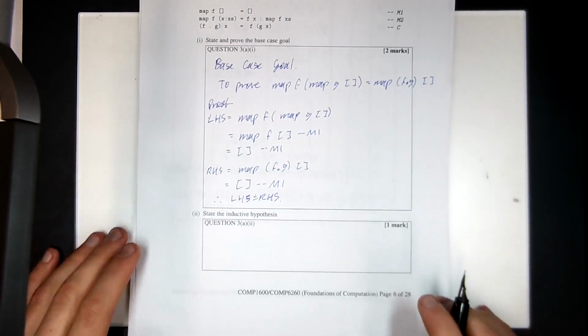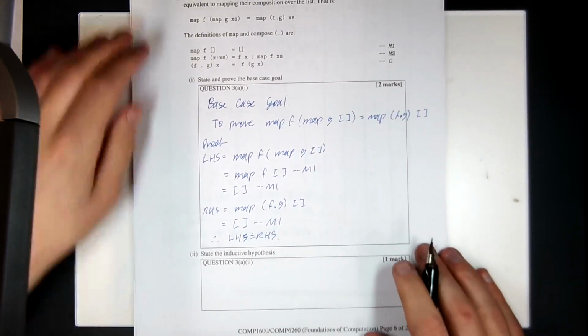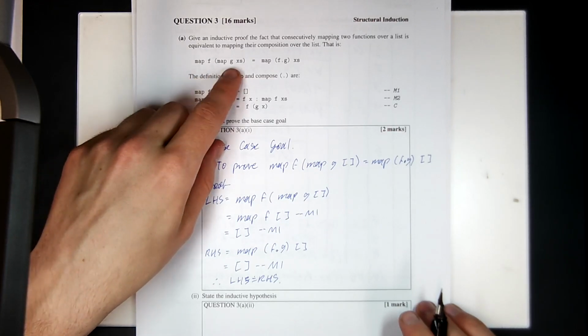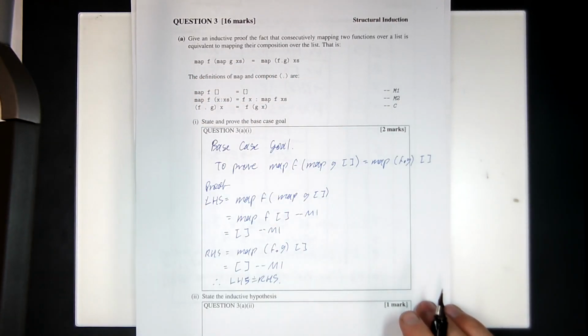Cool. Alright, next, state the inductive hypothesis. So the inductive hypothesis is that we're going to assume for all functions f and for all functions g, this property holds for a list xs.